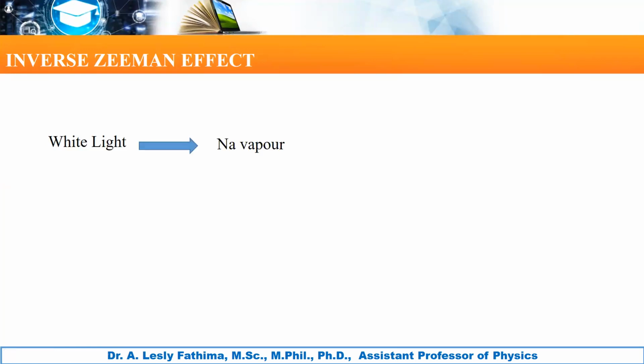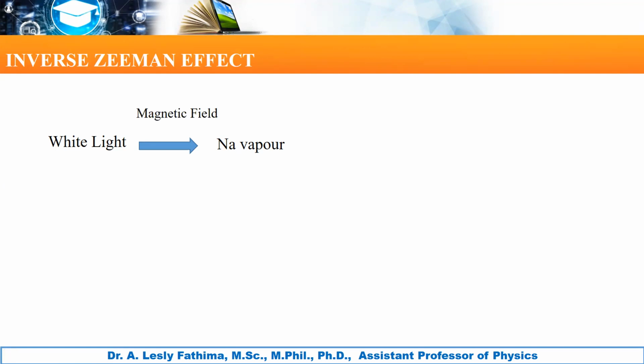The Zeeman effect obtained in absorption is called the inverse Zeeman effect. This effect is observed when white light is sent through an absorbing vapor, for example sodium vapor, which is subject to a magnetic field. In the absence of a magnetic field, there are certain frequencies at which absorption takes place.